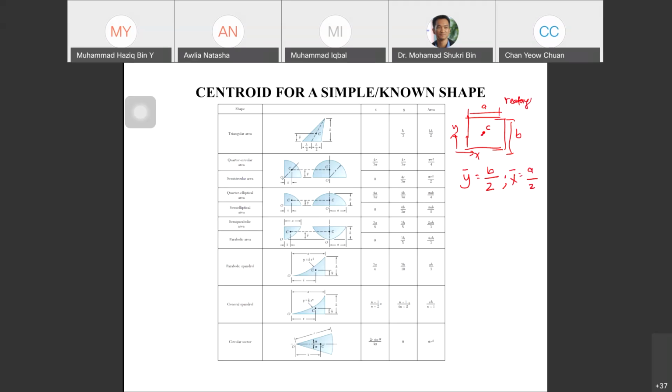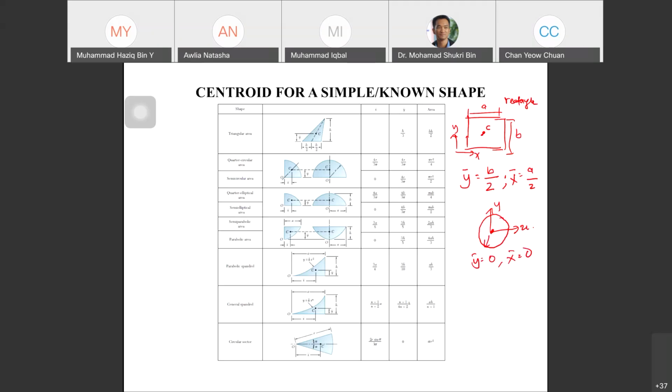Another simple shape we have is the circle. The centroid is at the center. Let's say this is your Y and this is your X. So Y bar is 0, and X bar is also 0.